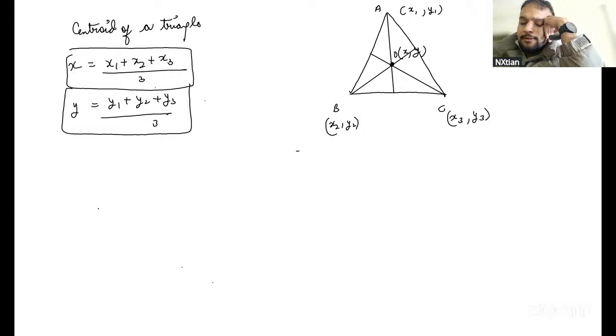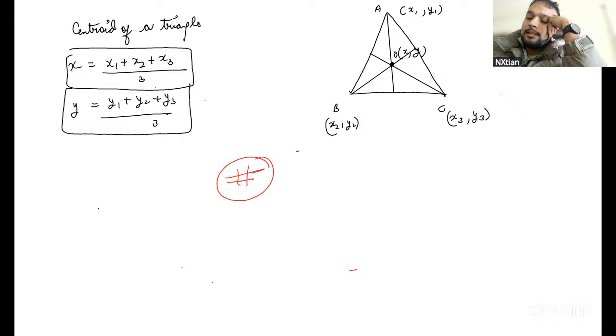And one fun fact is there: every time for the centroid of a triangle, for example, this is AD, this is BE, and this is CF. Every time, the ratio in which it is divided, for example, AO is to OD ratio is 2 is to 1.